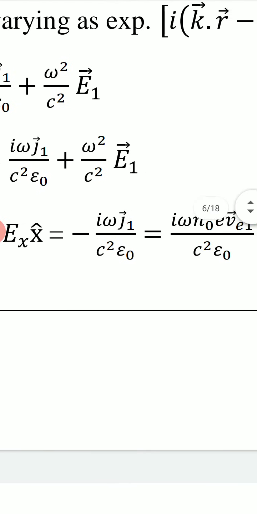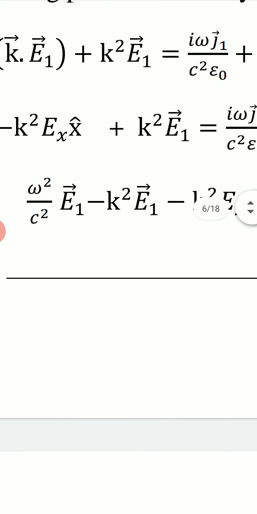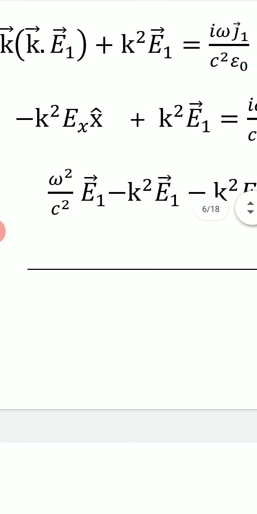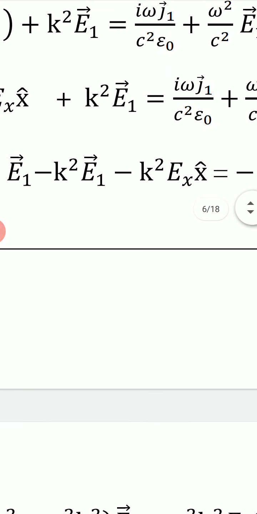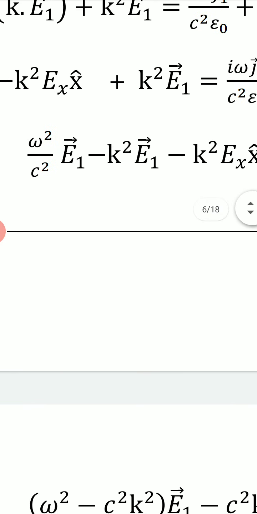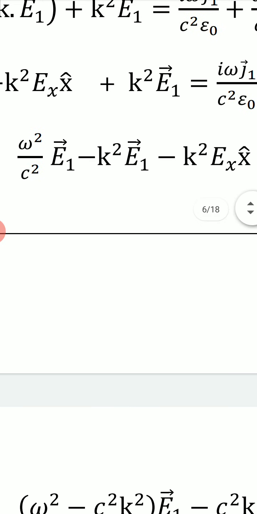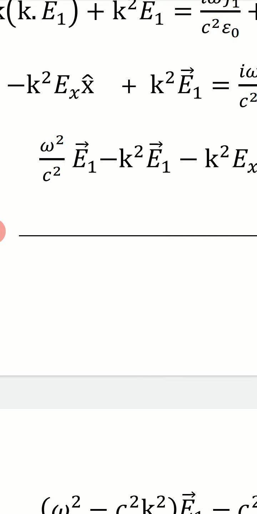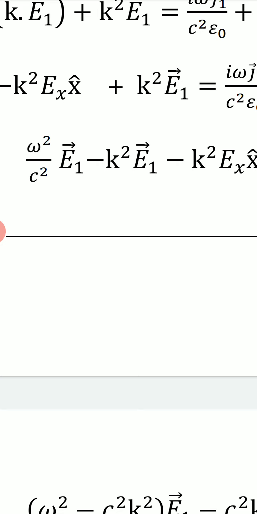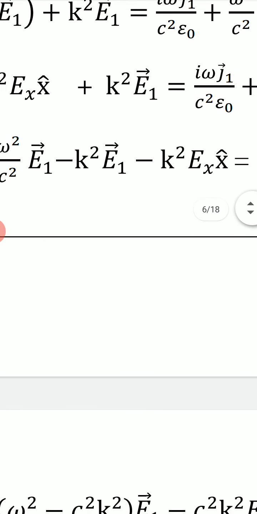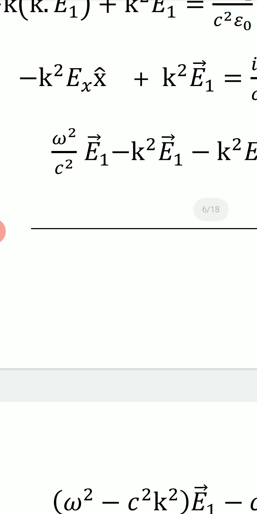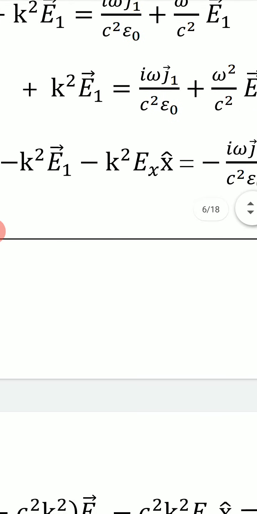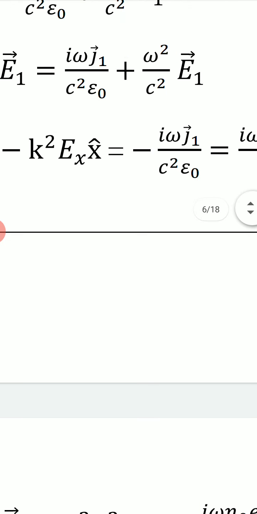This is the second term of the right hand side. Keep this term as it is and bring these two terms of E1 vector and ex x cap to the right hand side. Then we have omega square upon c square E1 vector minus k square E1 vector plus k square ex x cap. We will have here plus k square ex x cap.